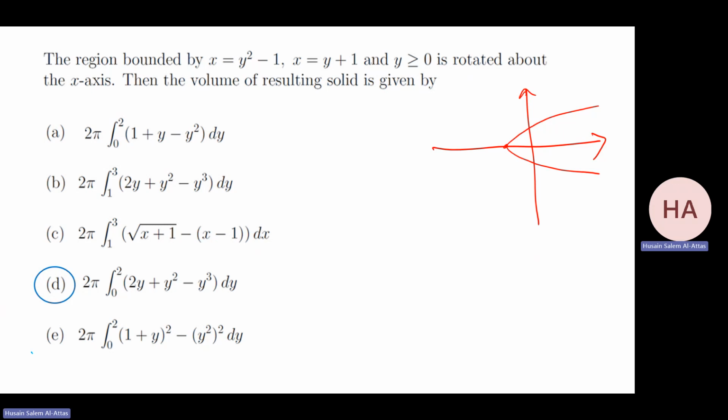At y equals 1, x equals 2. The line will be something like this.